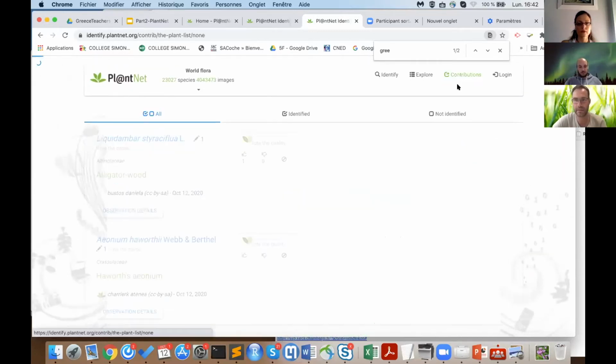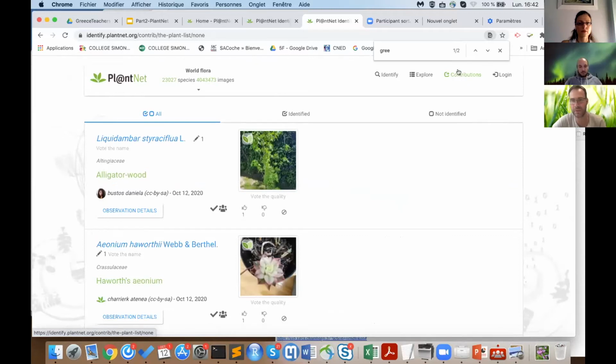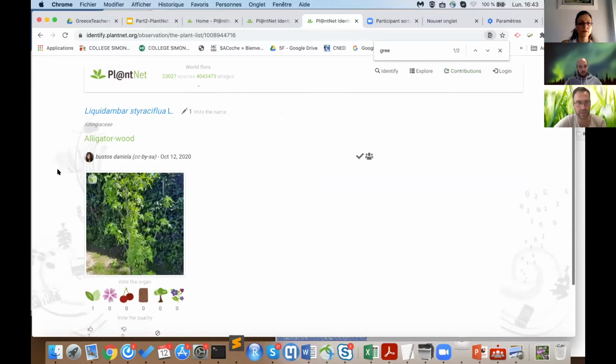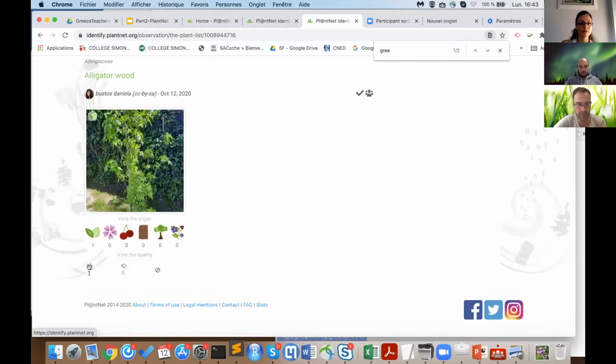Here we have the stream of contributions of the other PlantNet contributors. Here you can see the most recent observations that have been done today. If you go on the details of one observation, you can vote on the image quality to say, I think it's good quality or not good quality.